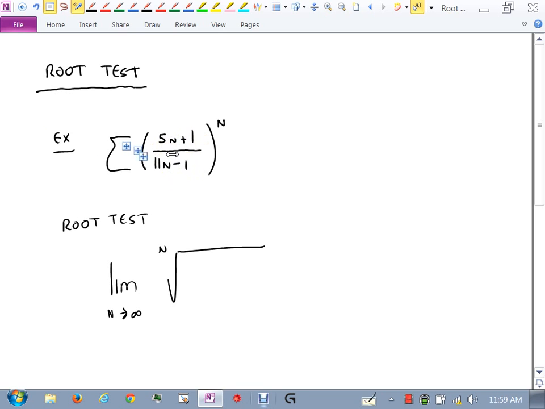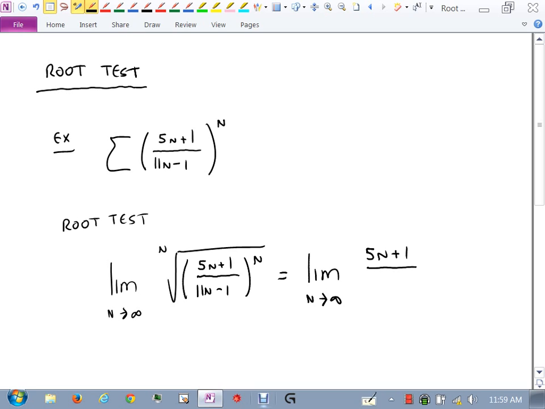So I'm doing the nth root of ((5n plus 1) over (11n minus 1)) to the n. The nth root and the n cancel out. You get the limit as n goes to infinity of (5n plus 1) over (11n minus 1).